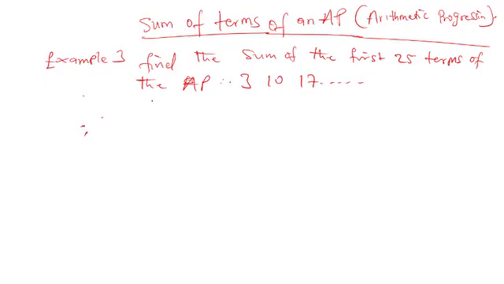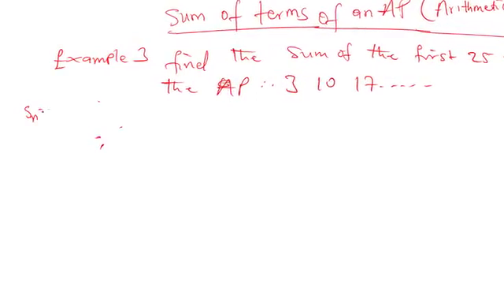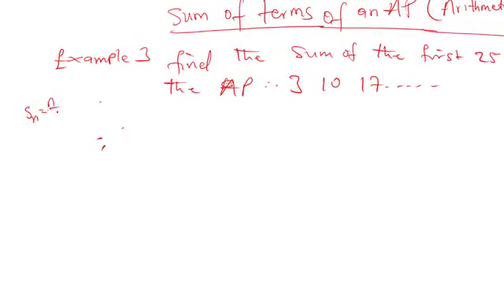Now remember the formula for the sum of terms: Sn equals n over 2 in bracket 2a plus (n minus 1)d. Here a is 3, which happens to be the first term. What's the value of our common difference?